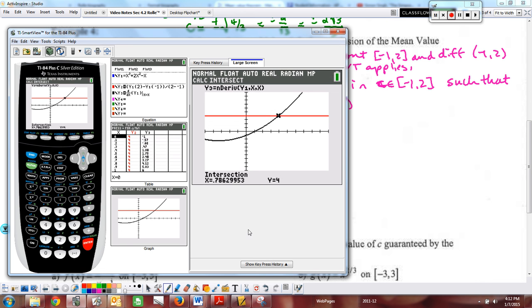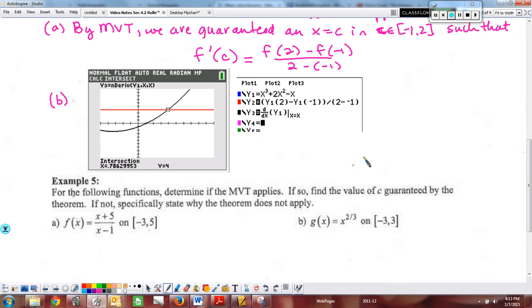Okay, so it has a y value of 4. It's the x value which we are interested in, because that is the c value that we are guaranteed to have. All right, so to answer the question that we had in this problem, what do we need to actually write down? We already put this in, okay?